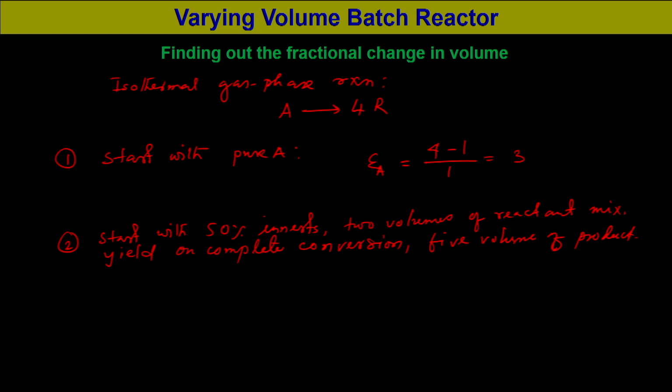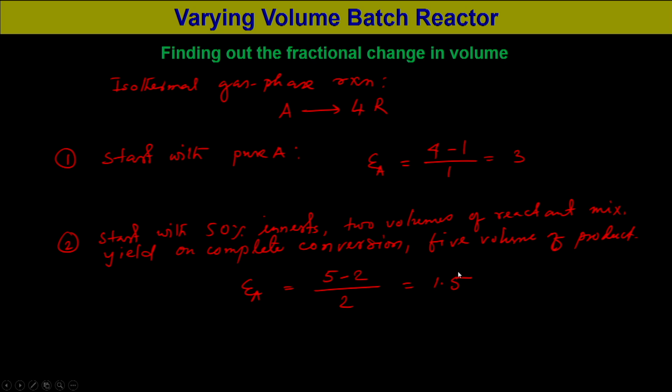So, we had 1 volume of A giving 4 volumes of product, so total 5 volumes, and then we had 50% inert with it. So, epsilon A would be equal to 5 minus 2 divided by 2, which is equal to 1.5.